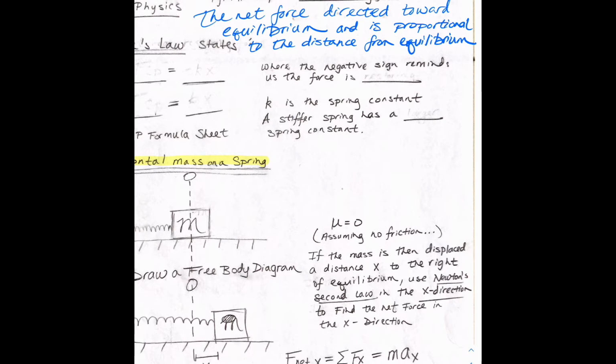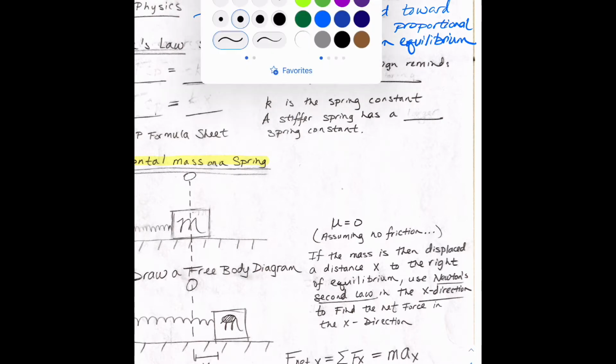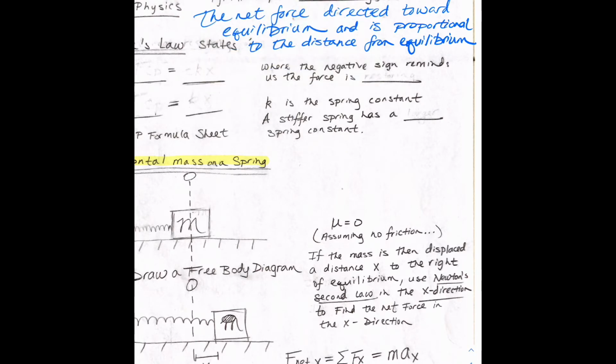So there's kind of two key ideas here with this linear restoring force. One is that it's restoring, so it is a net force directed toward equilibrium. It restores to equilibrium. And the other is that it's linear. The linear part of it is that the force is proportional to the distance.